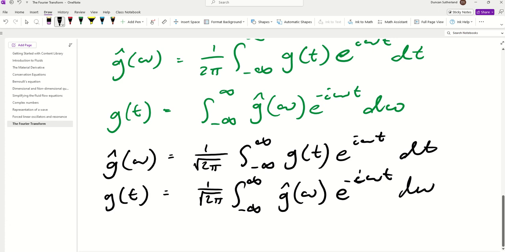The last thing that's worth remarking on is that the plus and minus i can change as well. Just be consistent with what you use as your Fourier transform.